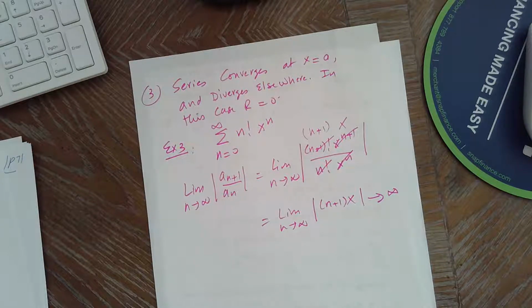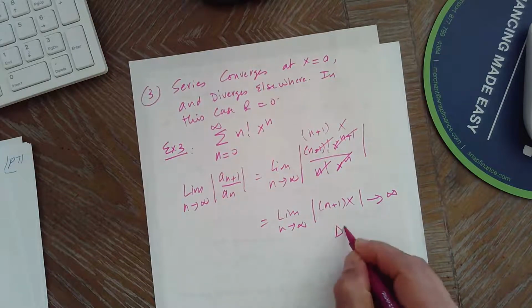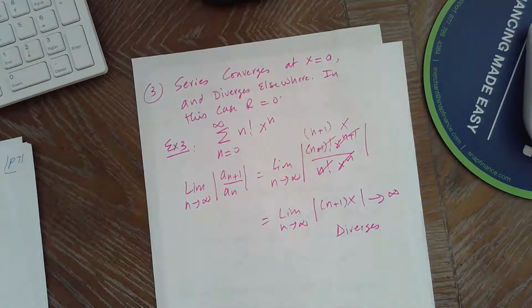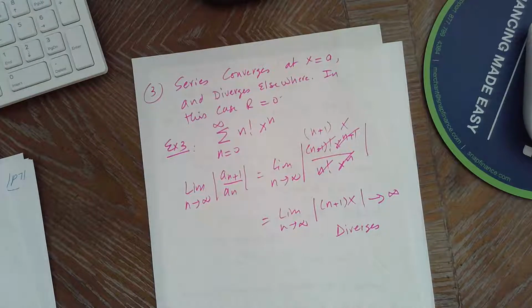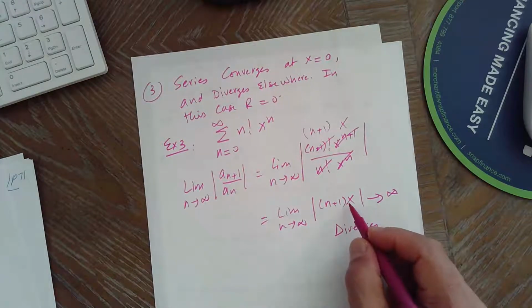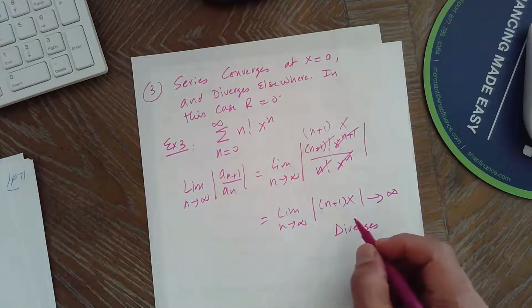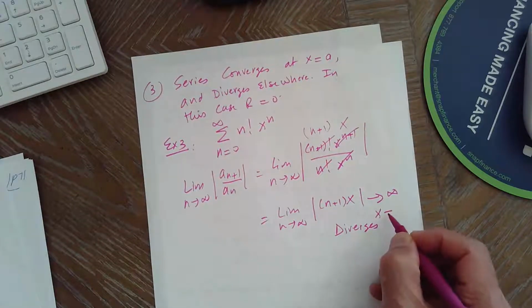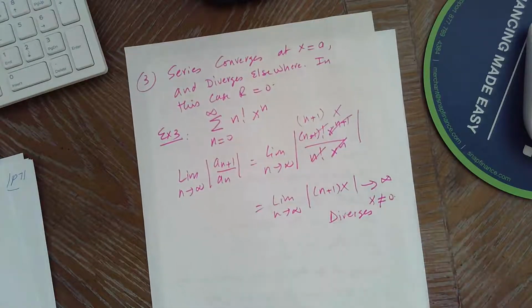If it's greater than 1 or infinity, then the series is divergent. So it diverges, because you get infinity, except when x is 0, because infinity times 0 is indeterminate. It diverges if x is not 0.